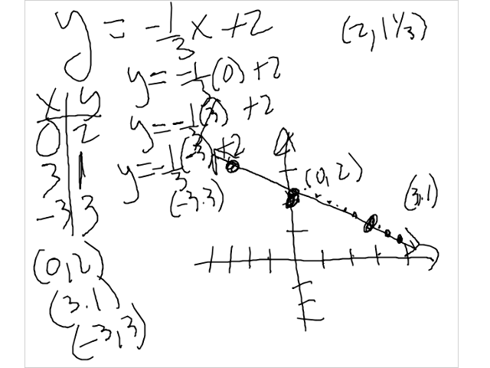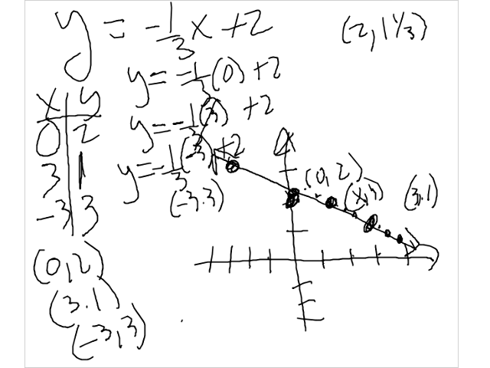If we were to take one of these points and plug in the x value and the y value into the equation, in other words, if we plugged in the y value and took minus a third of the x value and added 2, the point would satisfy the equation y equals minus a third x plus 2.